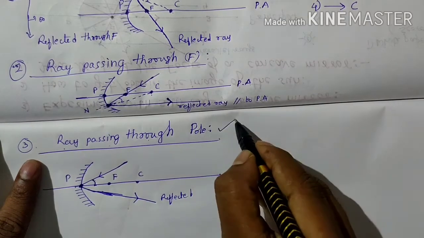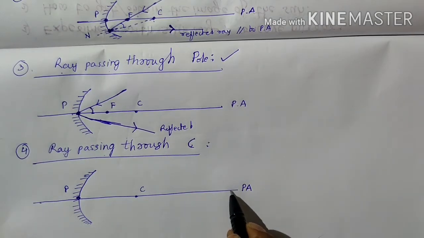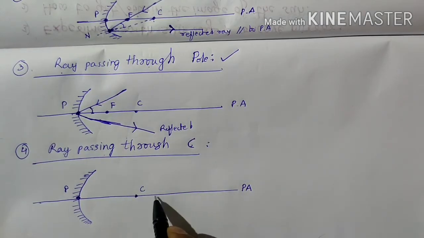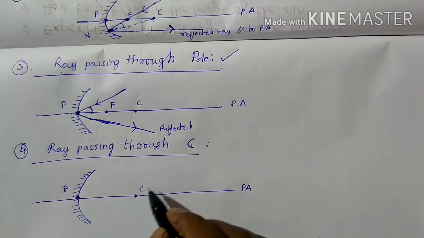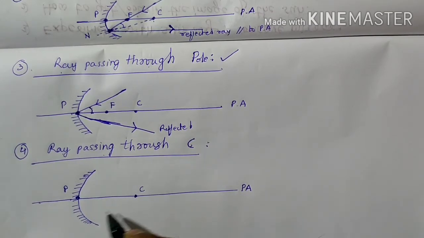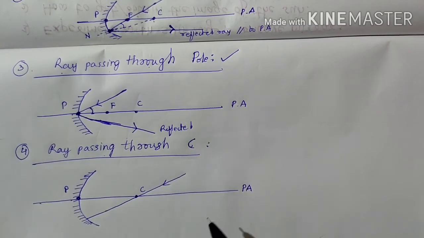So if you take this ray, the ray passing through the center of curvature. Here the principal axis is also a ray passing through the center of curvature. So this is the first one, and I am taking another ray which is passing through the center of curvature.